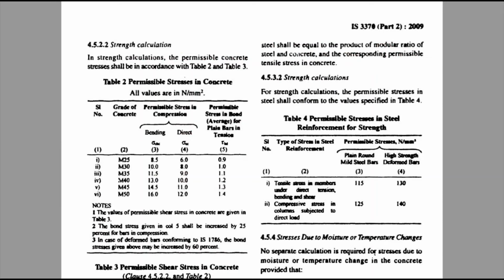Now sigma st from IS 3370 table 4, permissible stresses in steel reinforcement for strength. We have to read the tensile stresses in members under direct tension, bending and shear. For plain reinforcement mild steel bar it is 115, and for high strength deformed bar it is 130.